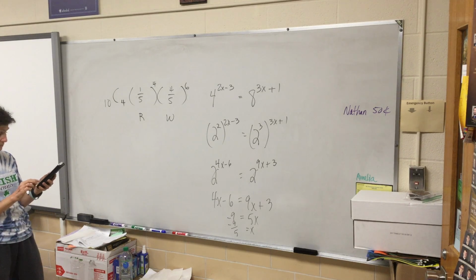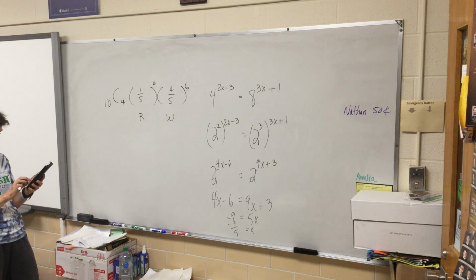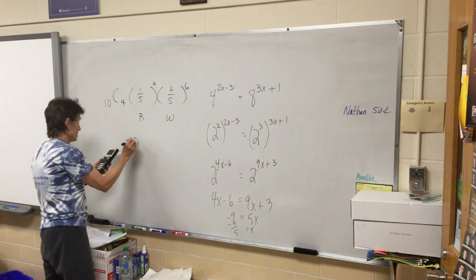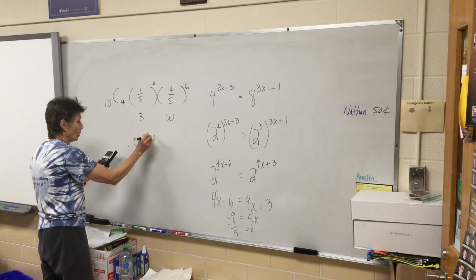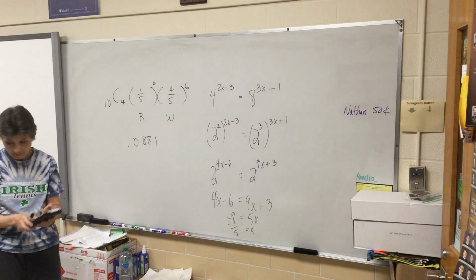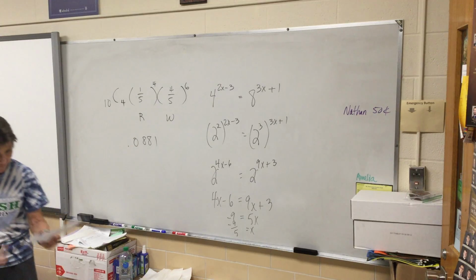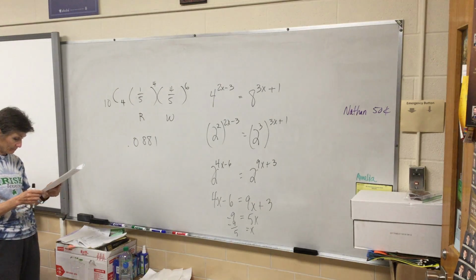I have 1/5 to the 4th. I got 0.0881 as the answer.